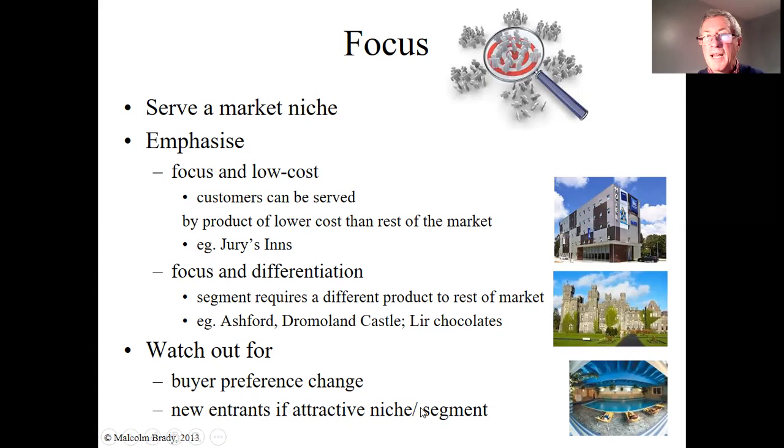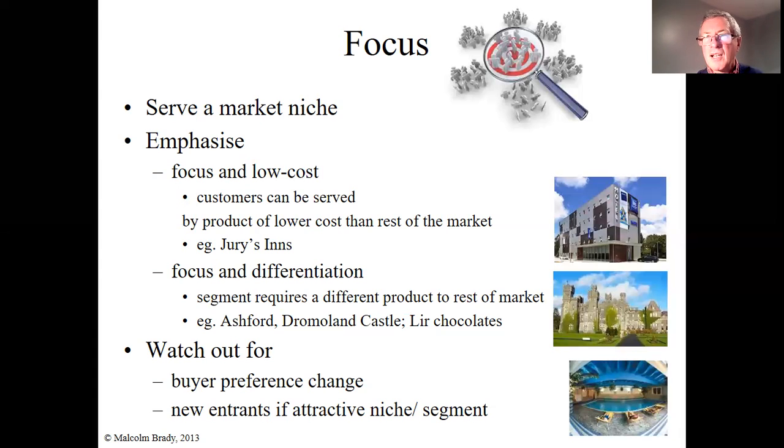For example, the spa hotels, at the end of the day, it was relatively easy to imitate. When the hotels saw that this was working, they added in their spa or their leisure facilities. It might have taken 6 months to a year to build them and put them in place, but generally speaking, when they saw that it was working and necessary, they added them in. So that wasn't sustainable for the spa hotels in the long run.